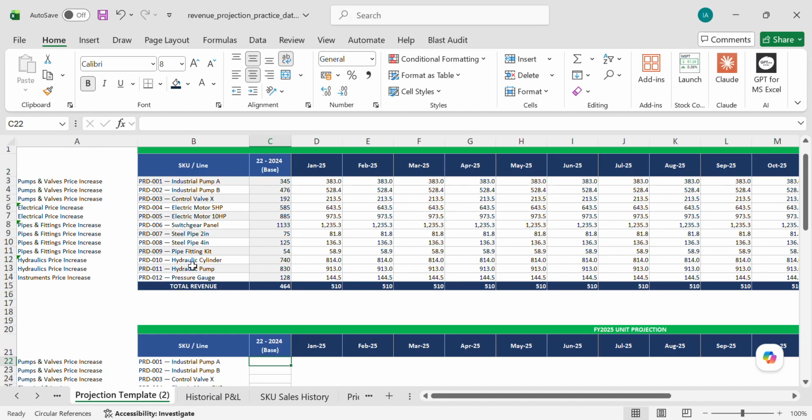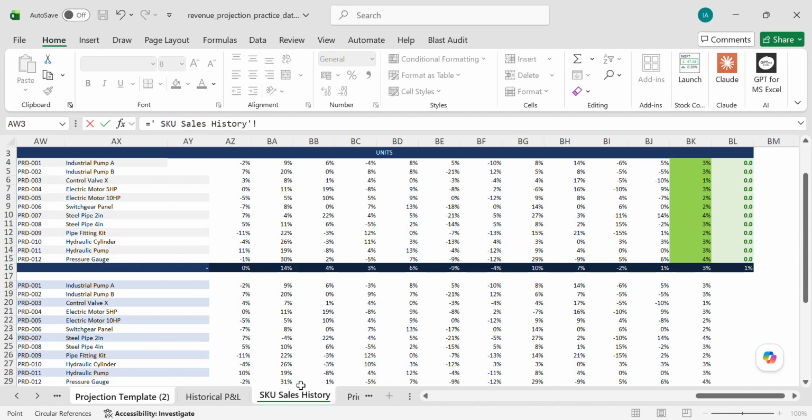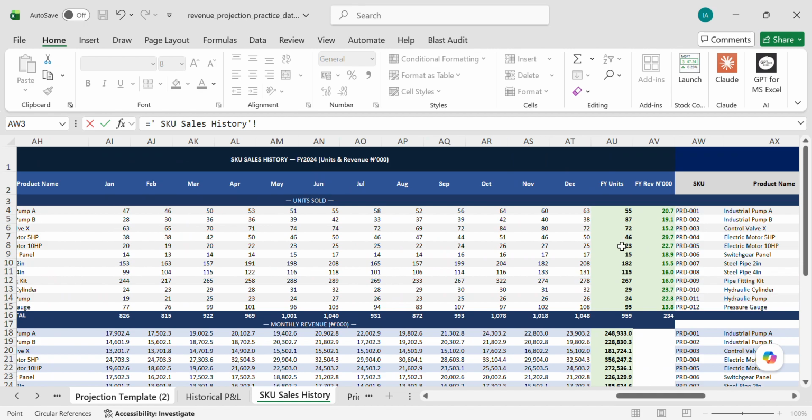We'll bring it here. We are using 2024 as our base. So we can bring this one here. Average monthly goods. So we are bringing 2024 average SKU. This is it.